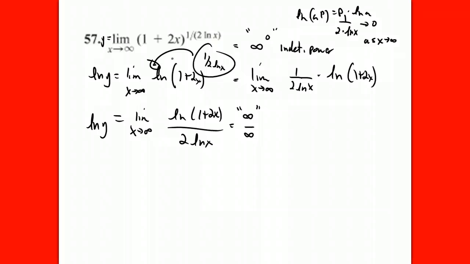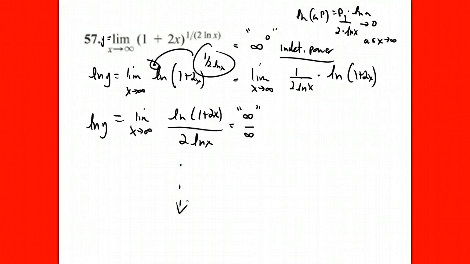Yeah, check our notes on L'Hopital's rule. I have the blow-by-blow, step-by-step recipe on how you handle indeterminate powers. Yes? So finish this from here. This is undone, but you can finish it.